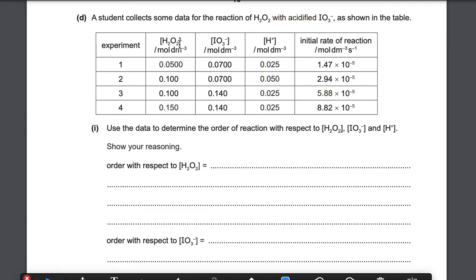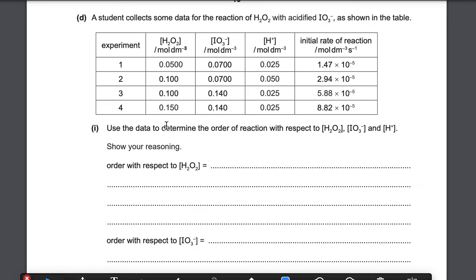So what we do is we take two rows in which the concentrations for the rest of the two are remaining constant, but the concentration for H2O2 is changing. So we can't take these two because it's remaining constant. What about these two? Okay, we can't take this because the concentration of hydrogen is changing. What about this one? The concentration between these two is changing, these two are the same, and this is also the same.